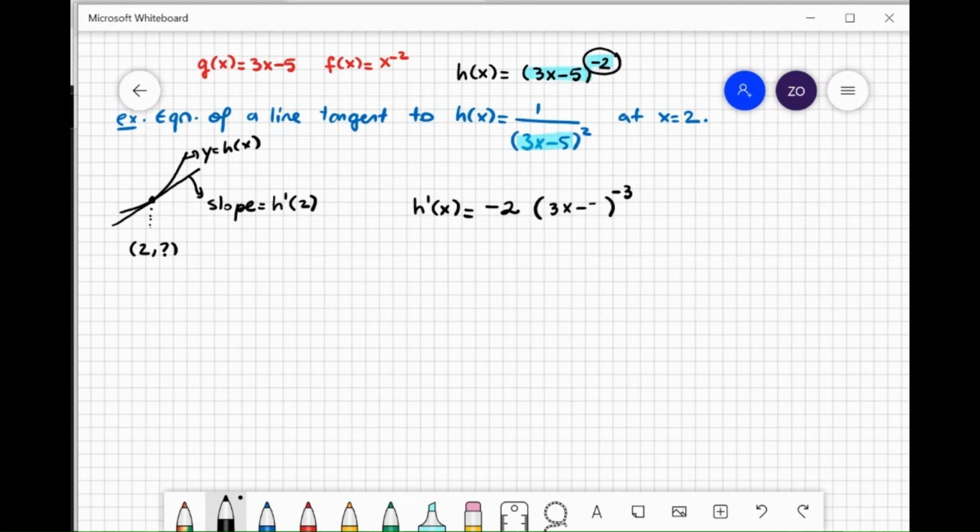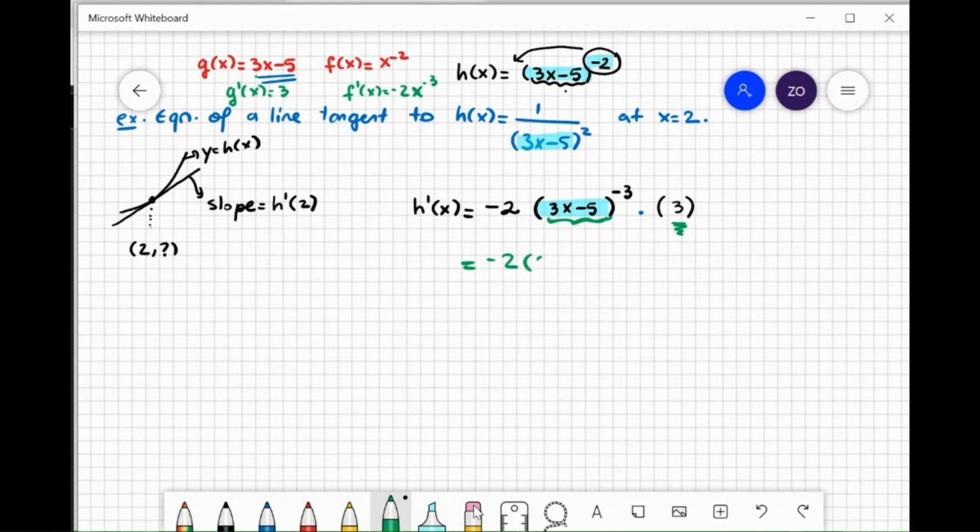So 3x minus 5 to the negative 3, and then we multiply by the derivative of the inside function, the derivative of 3x minus 5, which is simply 3. So this is negative 2 times 3, which is negative 6 times 3x minus 5 to the negative 3. This is the derivative of the h function.